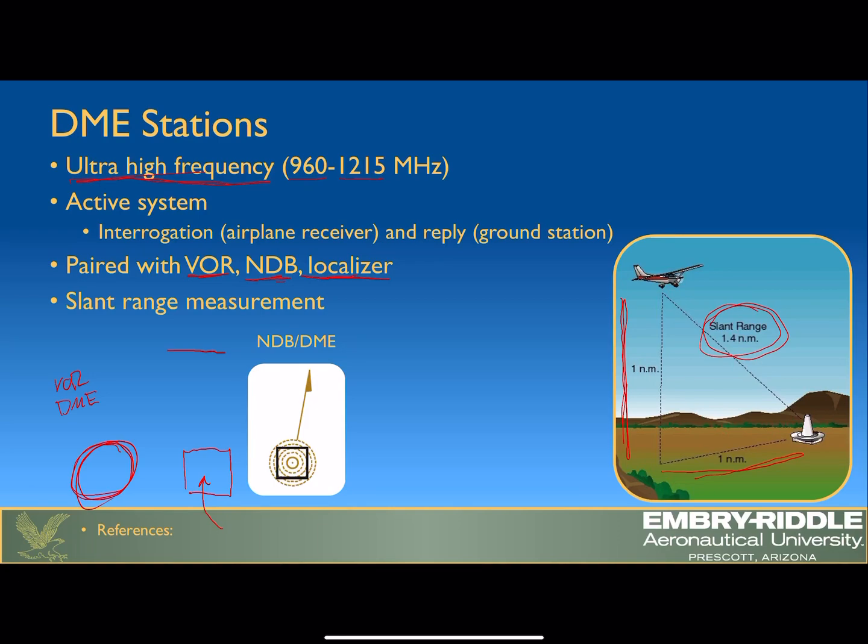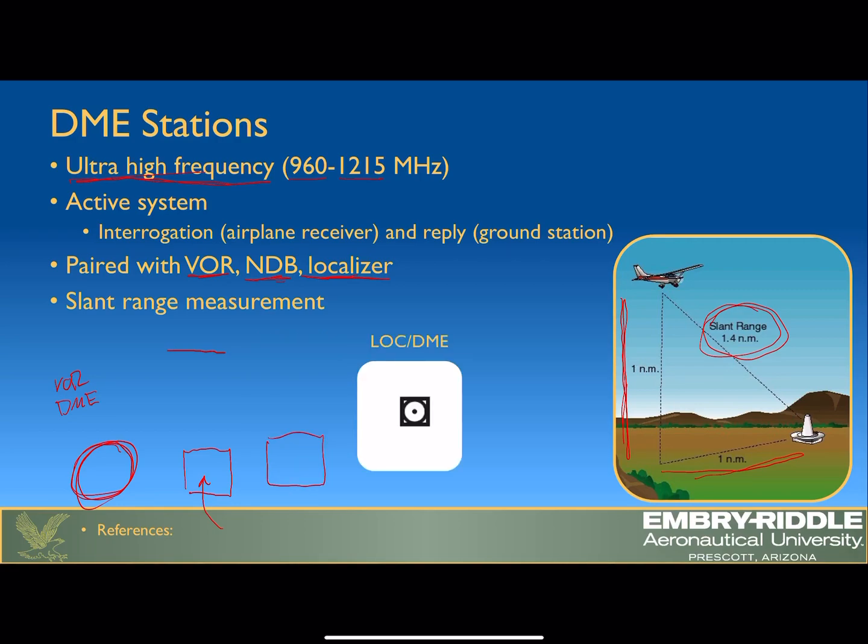That is an NDB. And if the NDB is associated with a DME, then it will also have this box kind of in it, I guess you could say. So there's an NDB with a DME. And remember, NDBs are very rare these days. They're really old technology, starting to get phased out. So they're kind of hard to find.